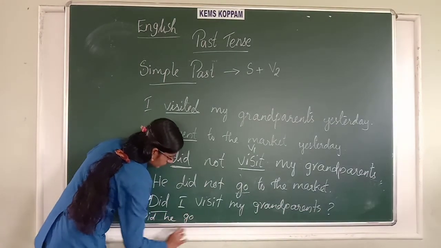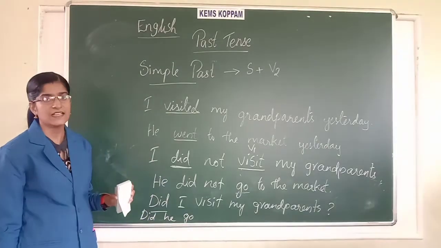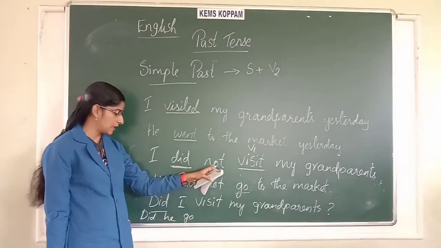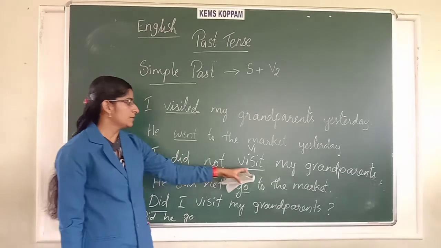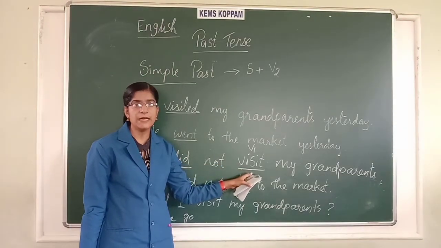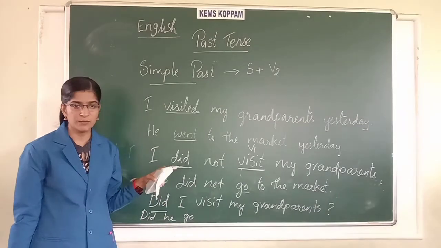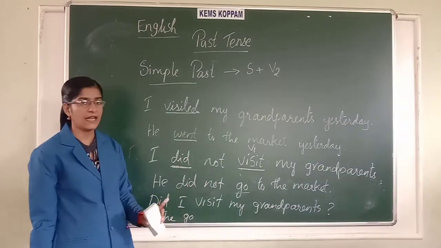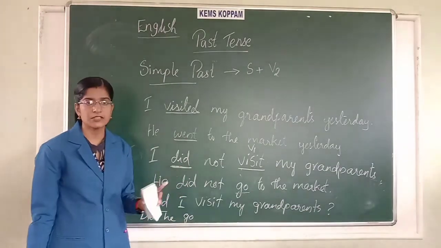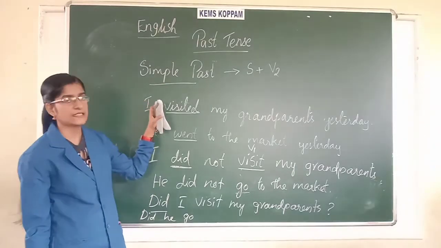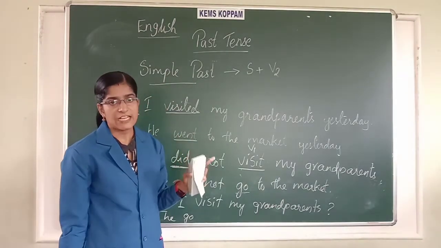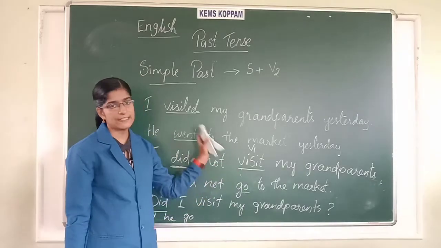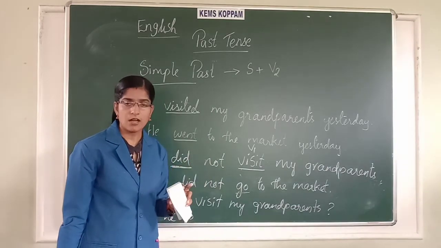Clear? So in order to form a negative, you have to add did not. If you are writing did, use only the first form of the verb in the sentence. In order to form a question, you have to bring did at the beginning. Did I visit my grandparents, or did he go to the market? So simple past is used to tell an action started and finished in the past, and for a series of actions as in a story.